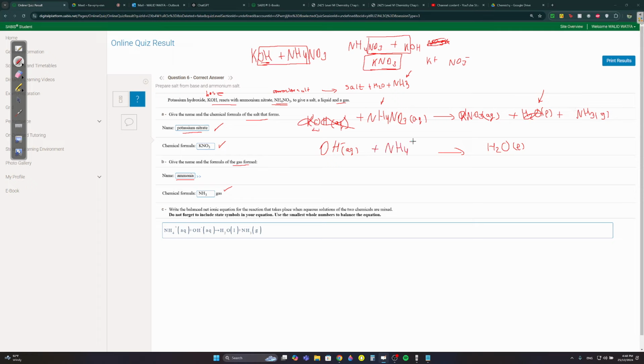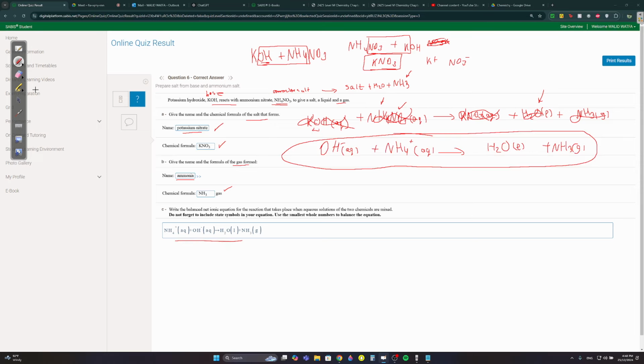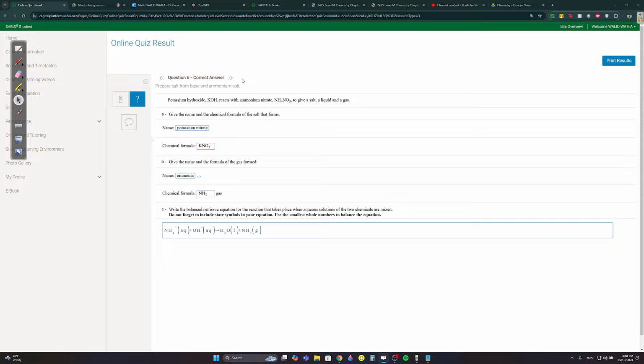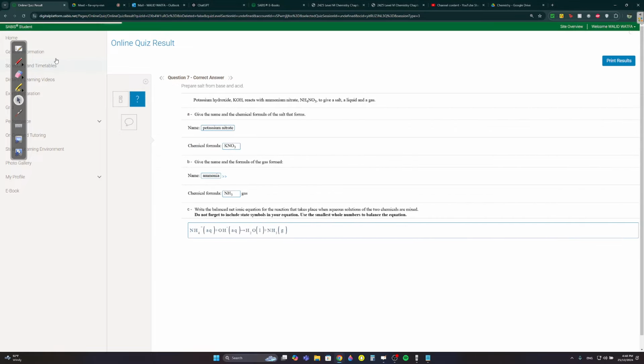The charge of NH4 is plus, by the way. Done. NO3 aqueous, NO3 aqueous. So we're not going to take it. I should have written NH3. I don't know why I didn't write it. So this is our net ionic. The order, by the way, doesn't matter. You can write this first or this first. Whatever you prefer.